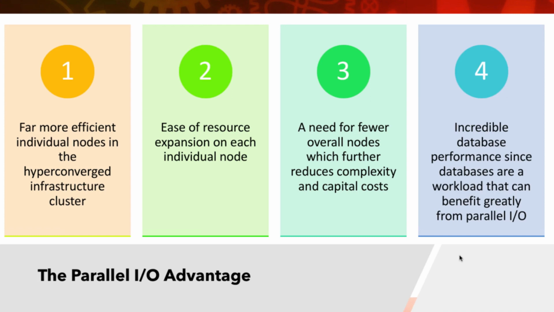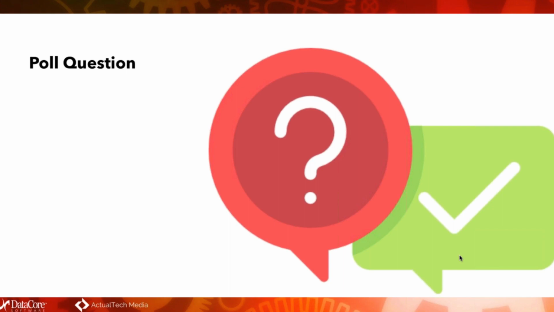And as a result, when we look at workloads that require a lot of I/O, we're going to get far better performance, and that includes databases, large VMs and large workloads. These are workloads that are going to benefit significantly from parallelized I/O, even in a hyperconverged infrastructure scenario.